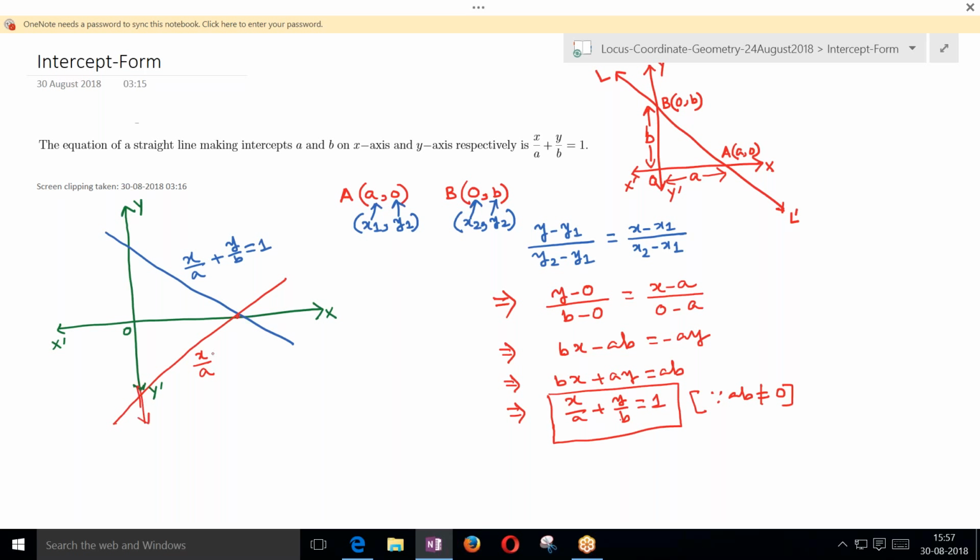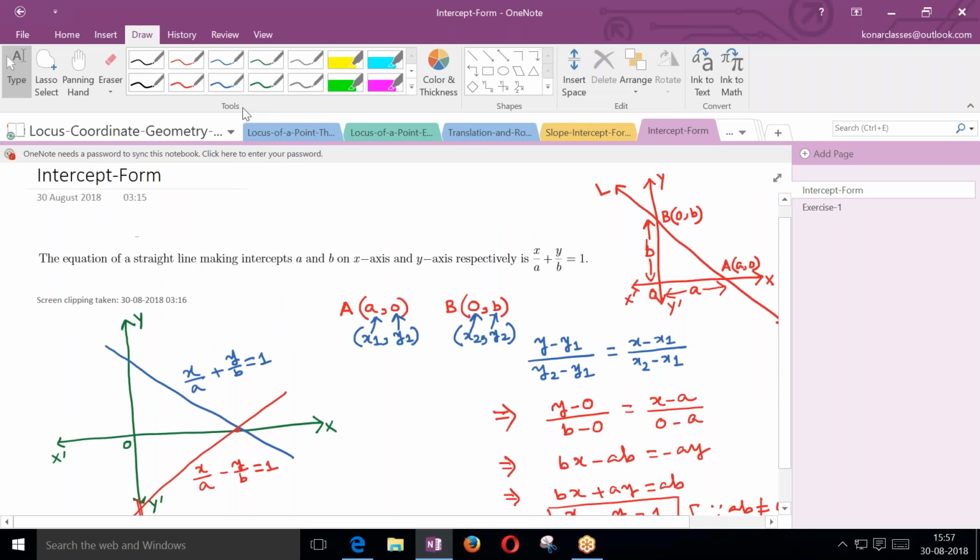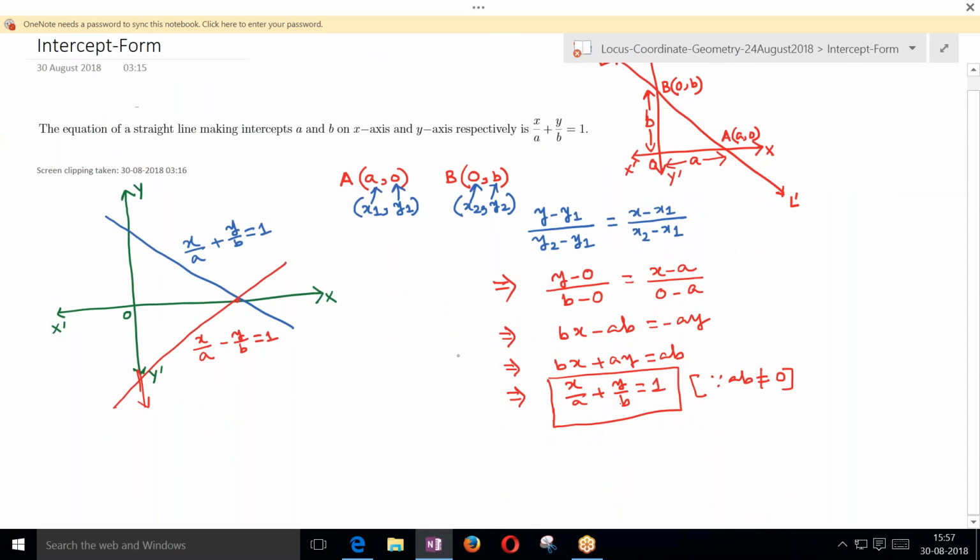This is the y-intercept here. So it will be x by a plus y by minus b is equal to 1. Similarly, you can have a straight line like this, where a is negative but b is positive. Here it will be in the form x by minus a plus y by b is equal to 1.